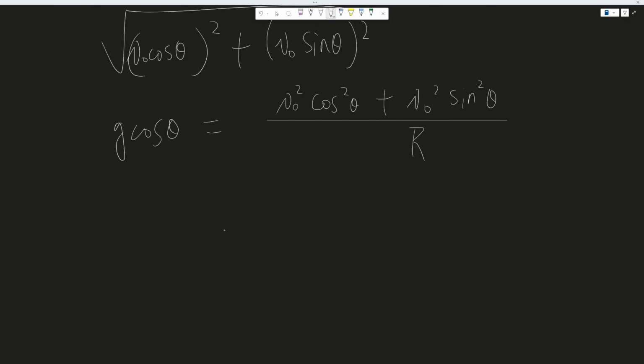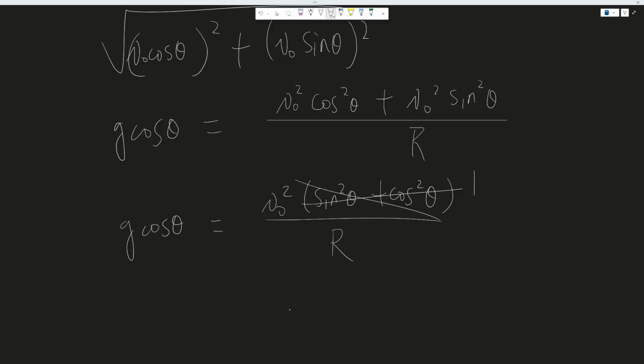And now this just becomes V0 squared times (sine squared theta plus cosine squared theta) over R equals G cosine theta. By the identity, this is 1. So then we just have V0 squared over R equals G cosine theta.